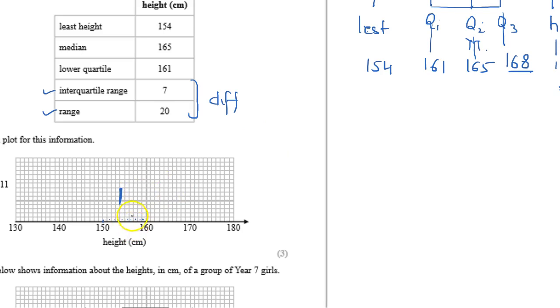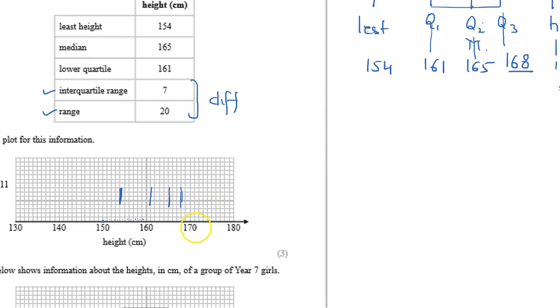So this is 154, 161, this is 161, 165, 1, 2, 3, 4, 5, this is 165, 168, this is 170, so this is 168. And then last is 174.